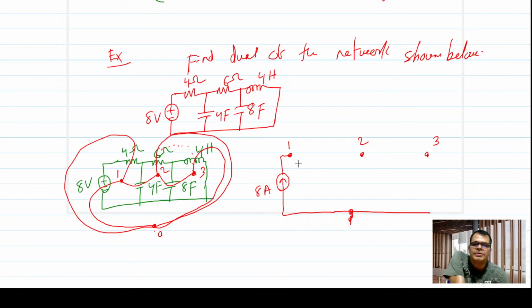Now between 1 and 0, what is the next? 4 ohm. What will be the dual of a resistor? That will be the conductance, 4 Siemens, or 1 upon 4 ohm.